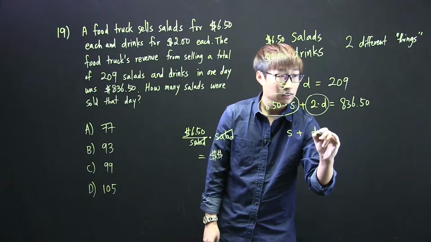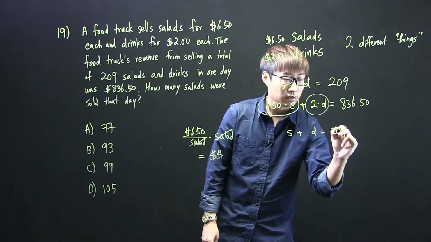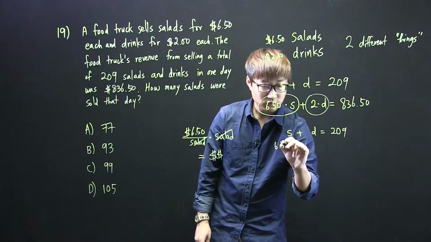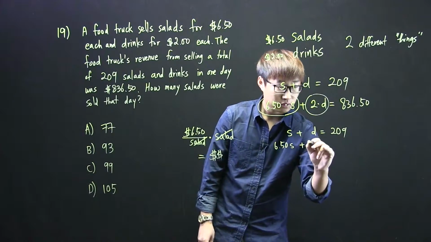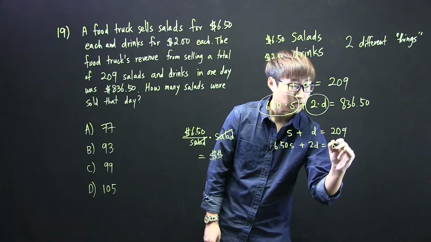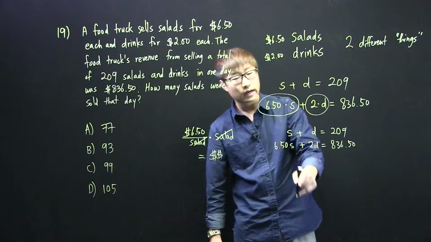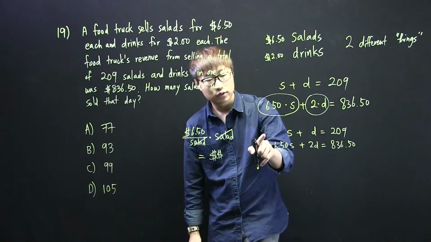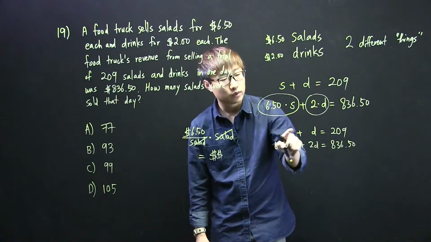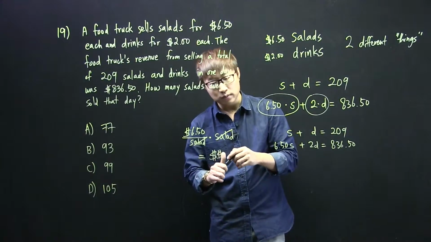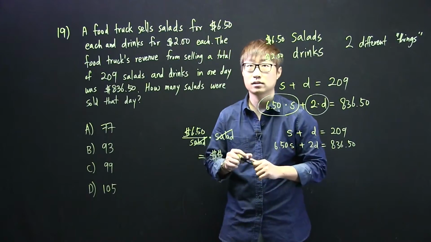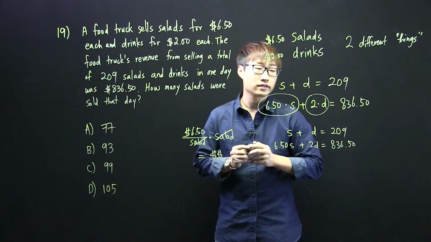S plus D is 209, and 6.50S plus 2D is equal to 836.50. Once again, I've got two different equations and two different variables, so probably systems of equations, right? So let's go ahead and solve this.